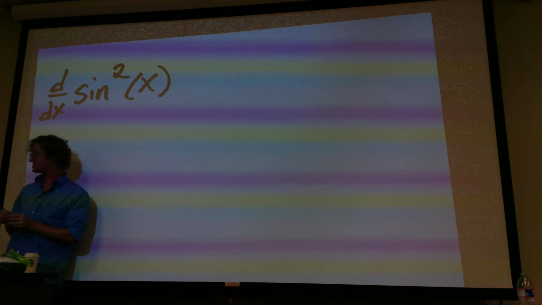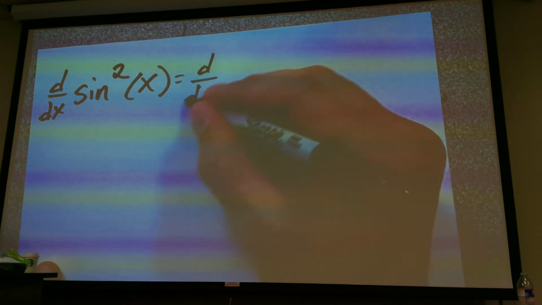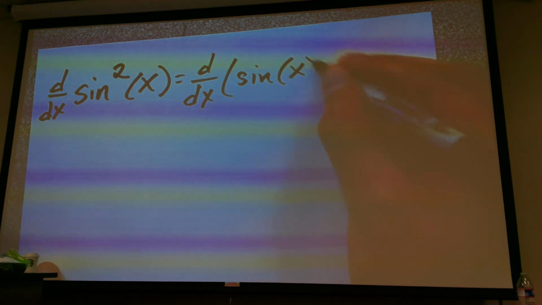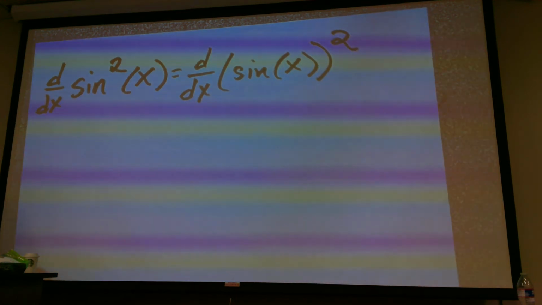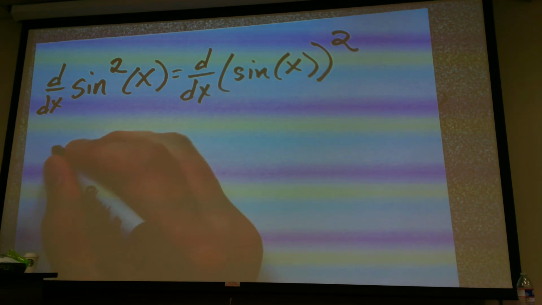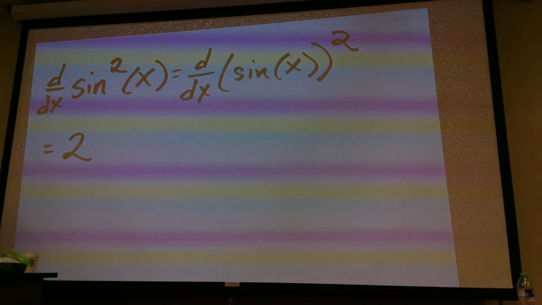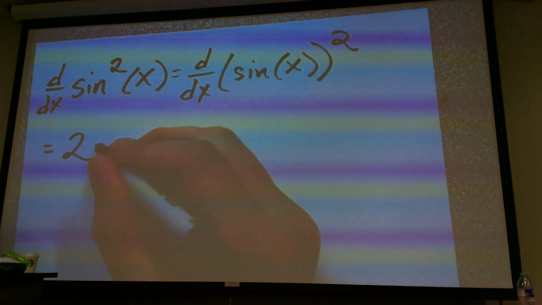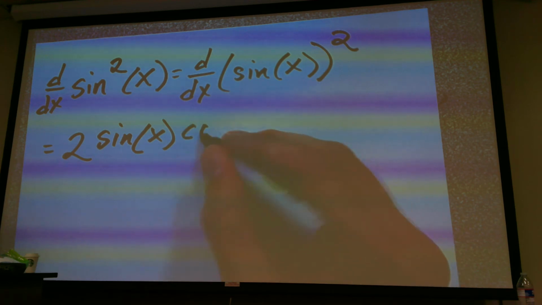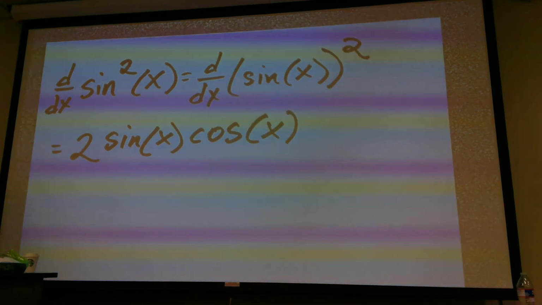But if you want to think about this in a slightly different way, that's really sine of x squared if you move that squared to the outside. Okay? So the first thing we're taking the derivative of is the square. So since we're taking the derivative of the square, that's going to drop down to 2. I mean, it's going to spit out a 2, drop it down to 1. So that's going to be 2 sine of x. And then we have to consider what is the derivative of sine, and the derivative of sine is cosine of x.